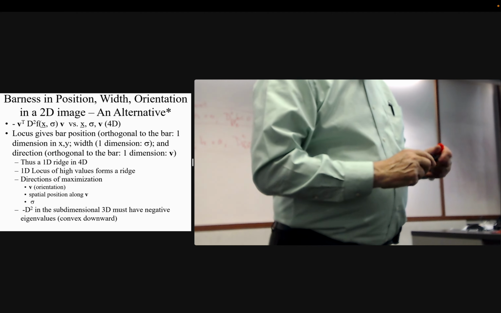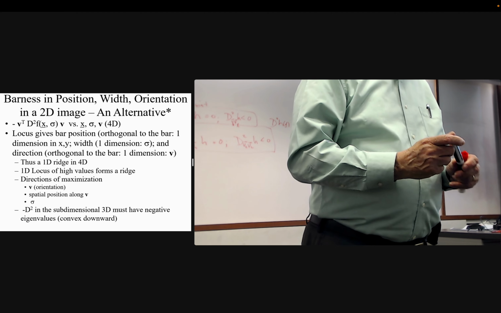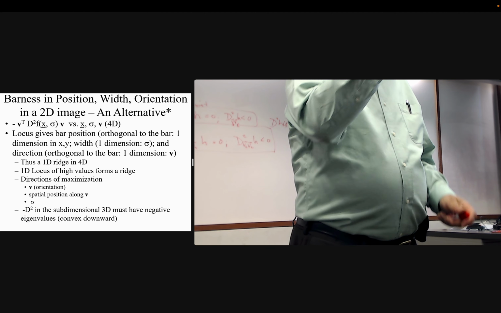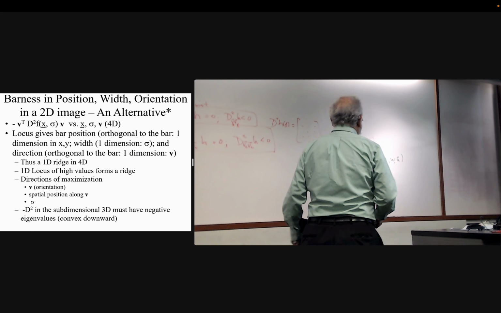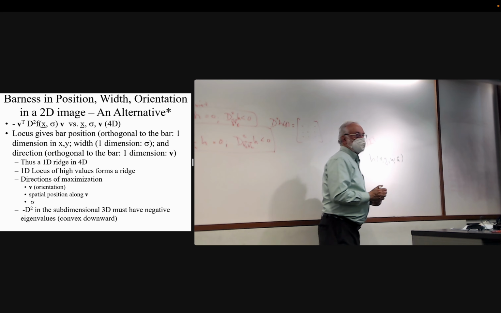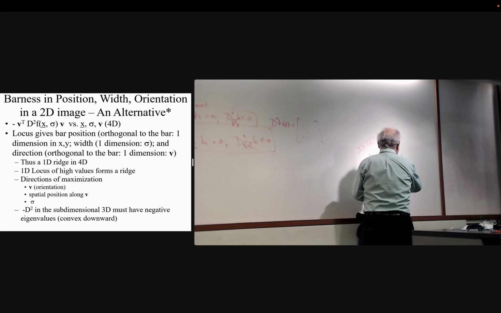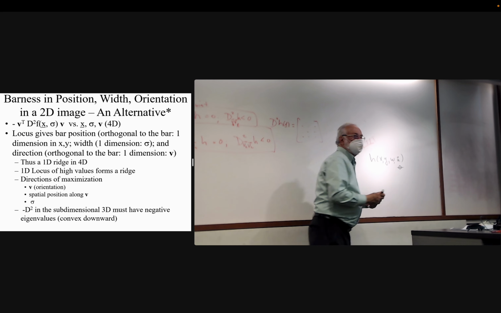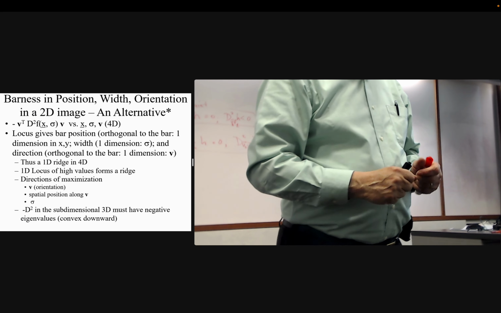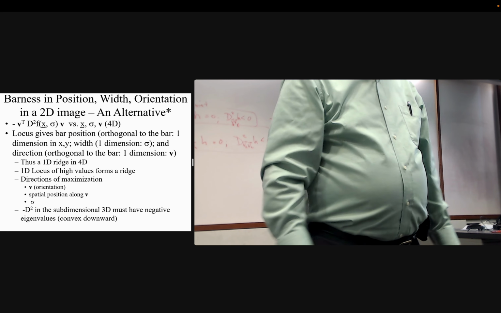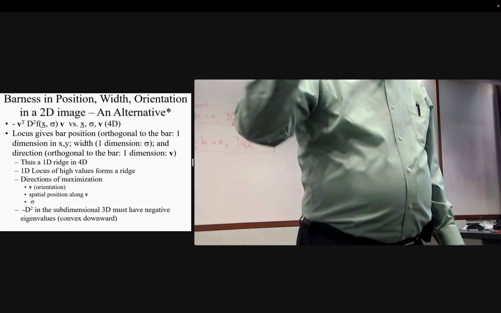Right, so this h now is going to be a function at any given position of in which direction goes across the bar and of how wide the bar is. We're in two dimensions, so u is just an angle. It's a single parameter. So now we have big M equals 4, right? X, Y, W, theta.